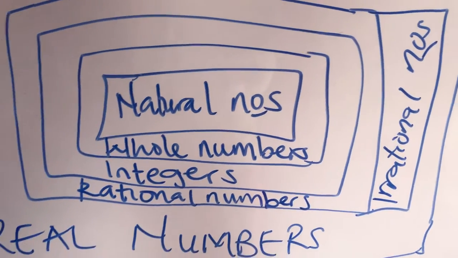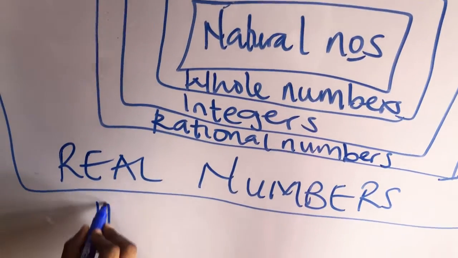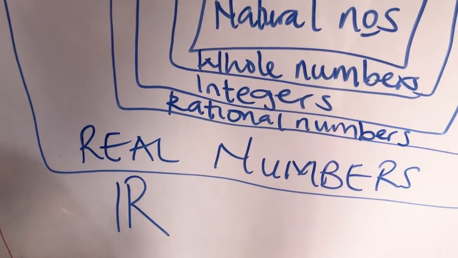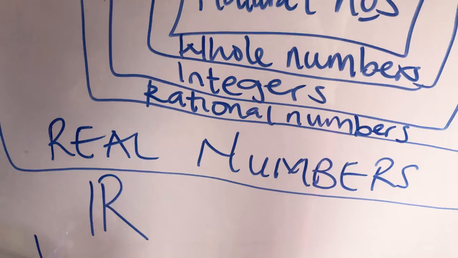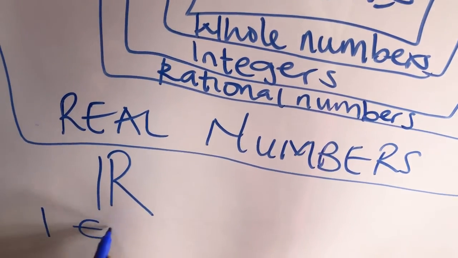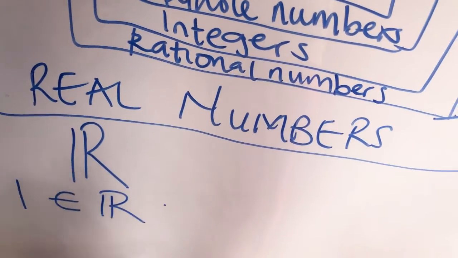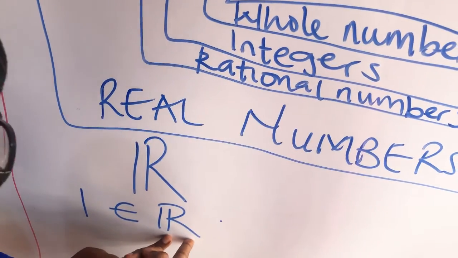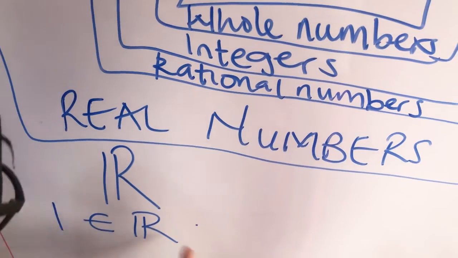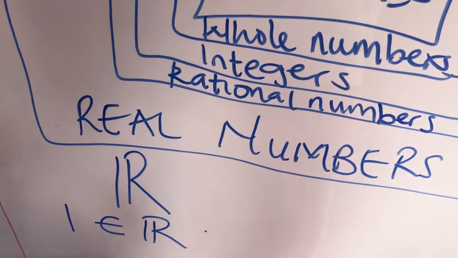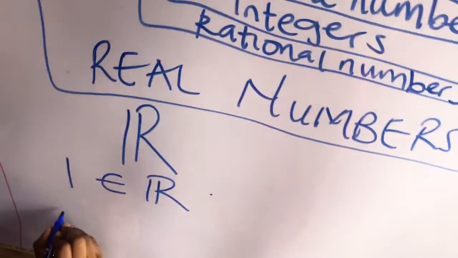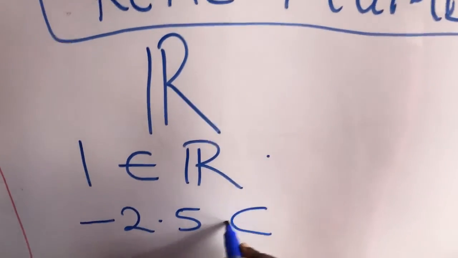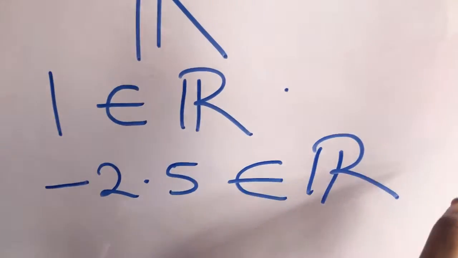Real numbers can be denoted with this capital letter R. Then you put 1 in front of it. We can just say that 1 is an element of rational numbers, so it means 1 is a member of rational, is a member of real numbers. If you say minus 2.5 belongs to real numbers, and so on.